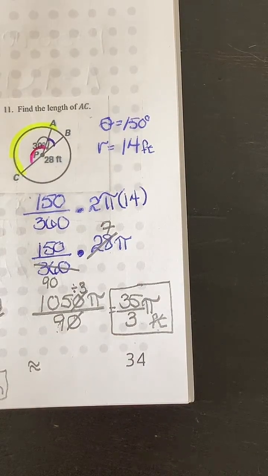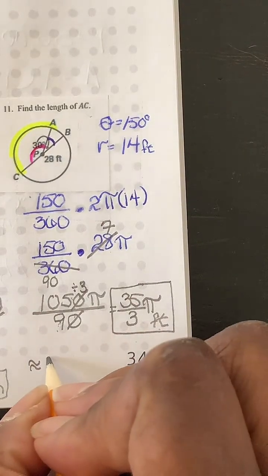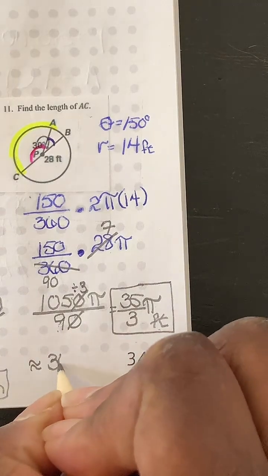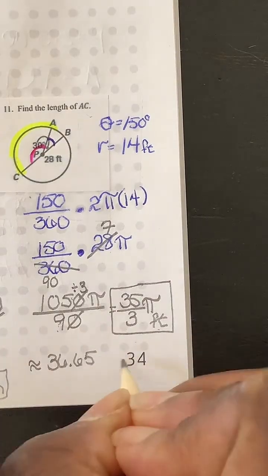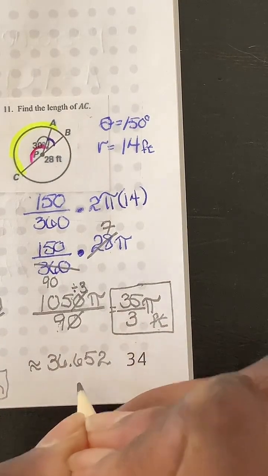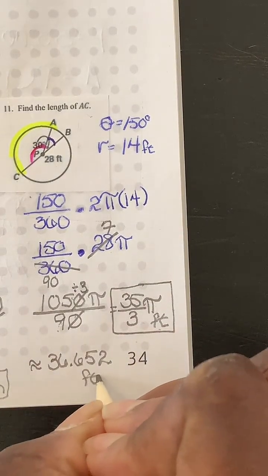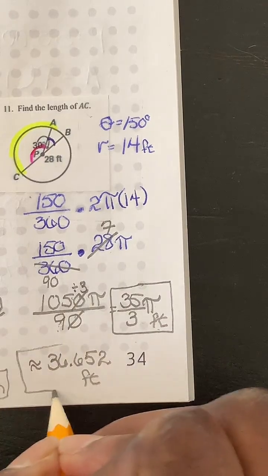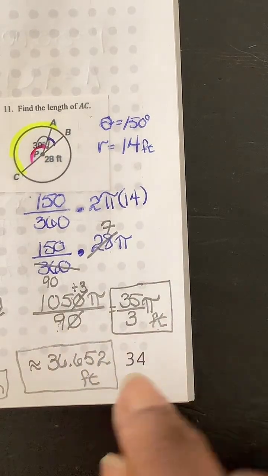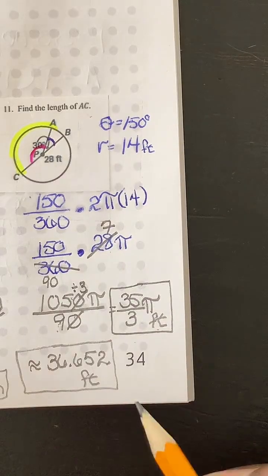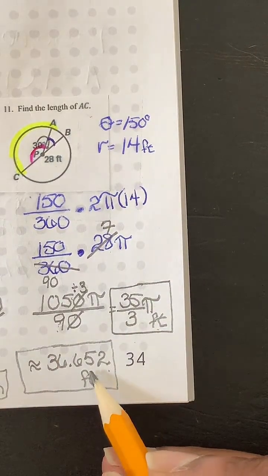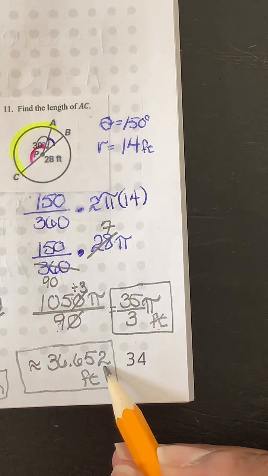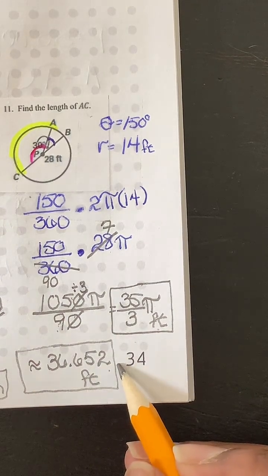So let's round to the thousandth position. So if I do that, 36.652 feet will be my approximate answer, rounded to the nearest thousandth. Because after this 5, it was originally a 1, and the following number was a 9.